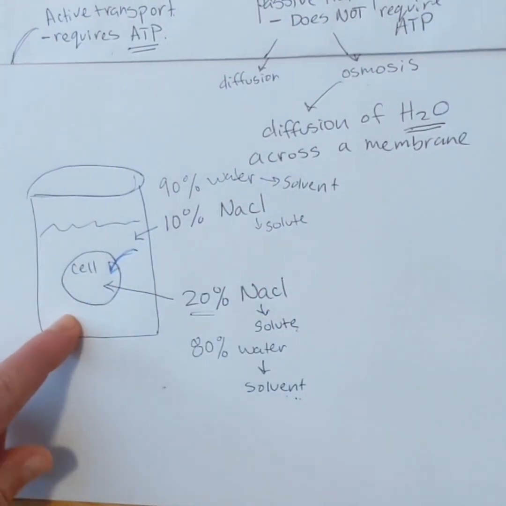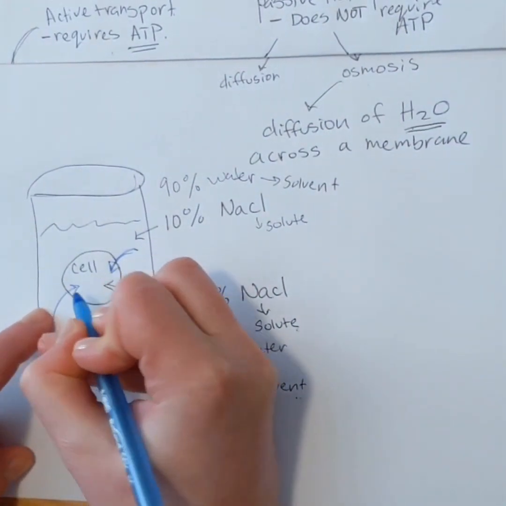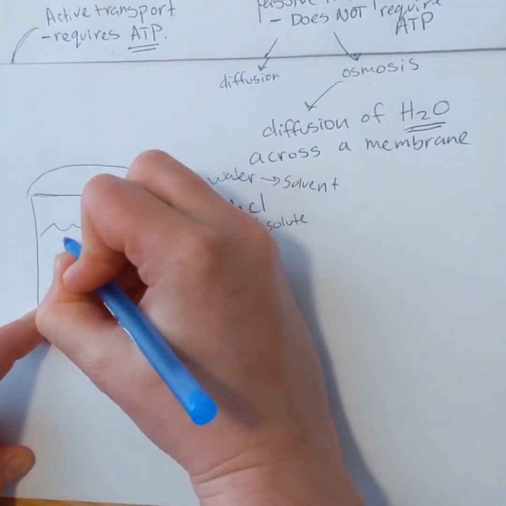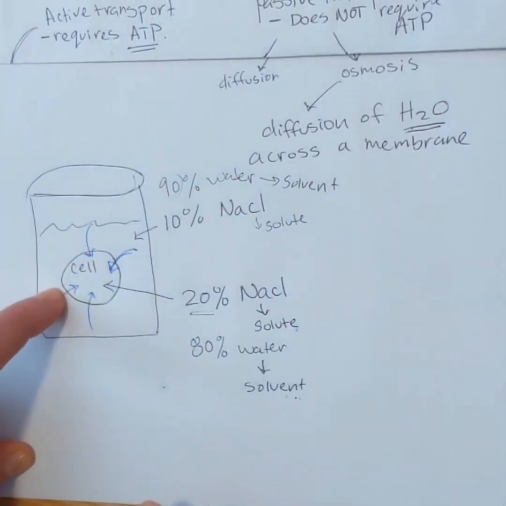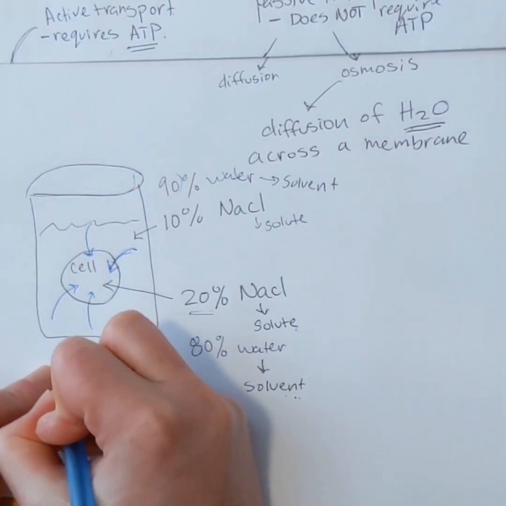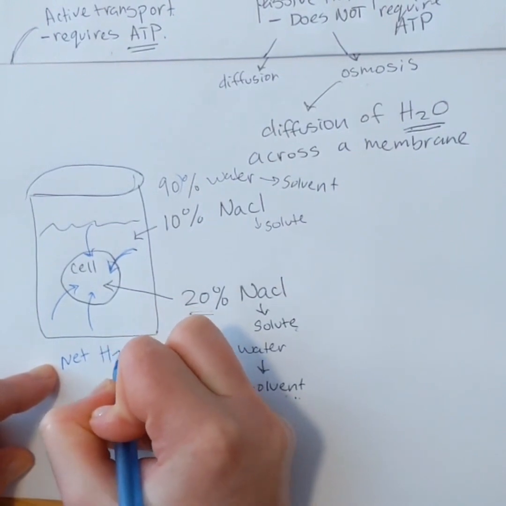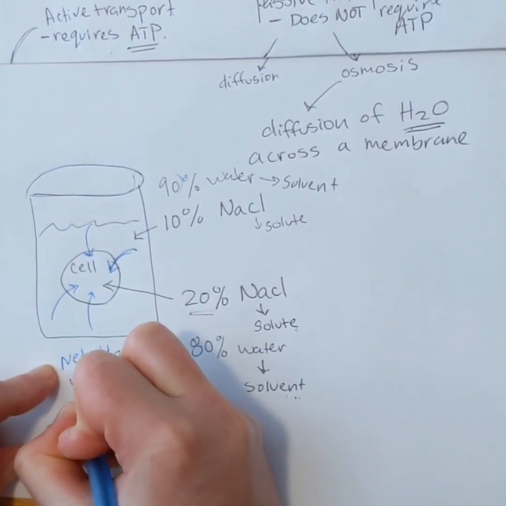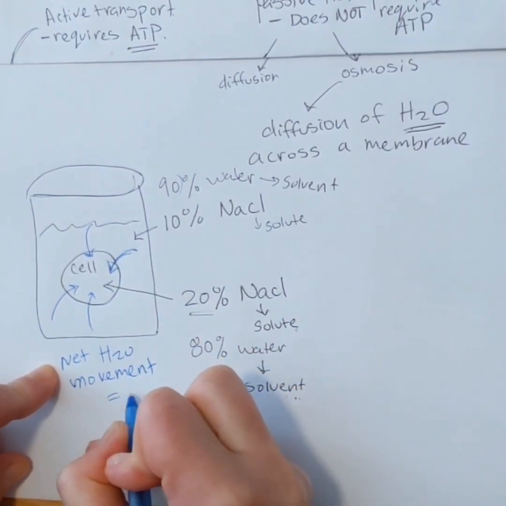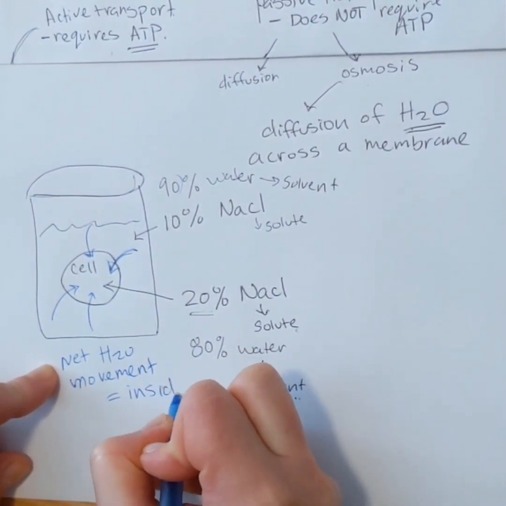This pin is blue to represent water. Going from higher concentration, 90% outside, to where there's 80% inside, until the two are equal. So my net water movement is going to be inside the cell.